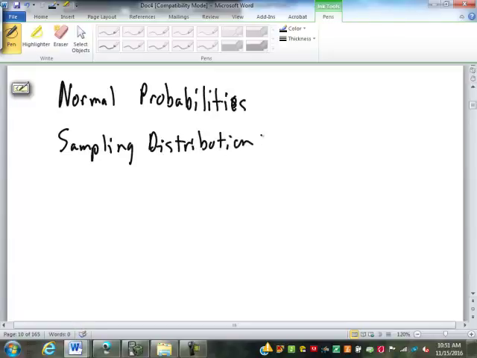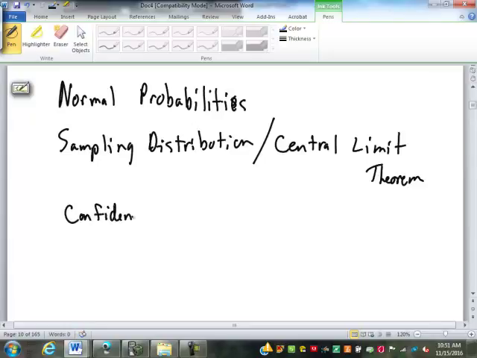Now remember, sampling distributions kind of connect in with our central limit theorem. And then sampling distributions lead directly into confidence intervals. Remember, in confidence intervals, you have point estimates, which is just that single number from the sample.